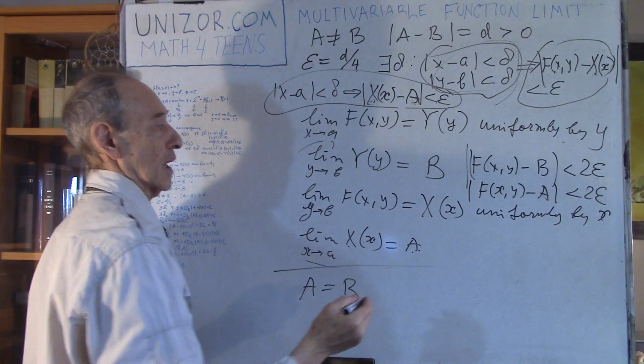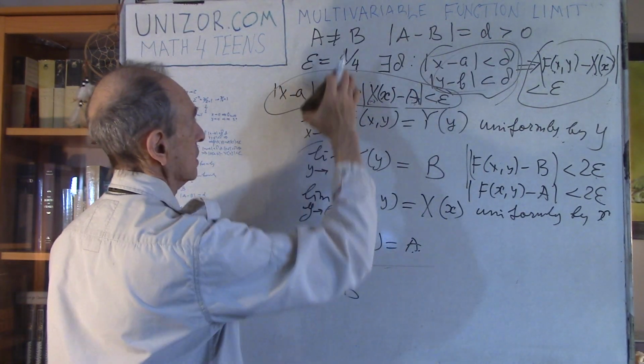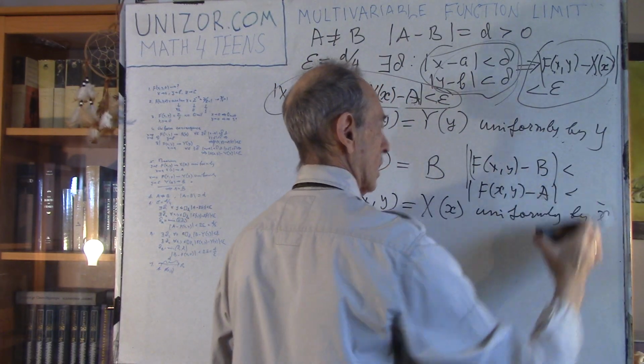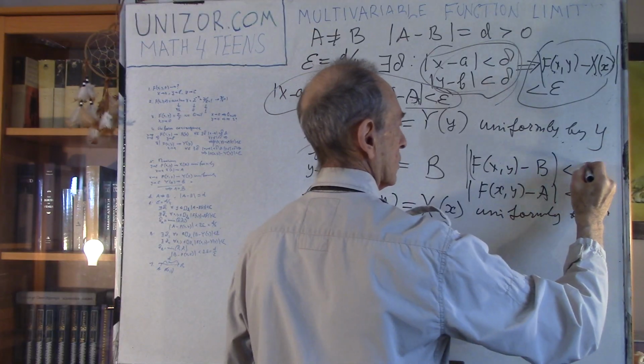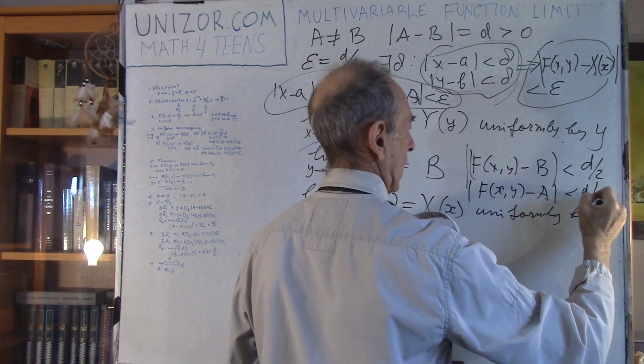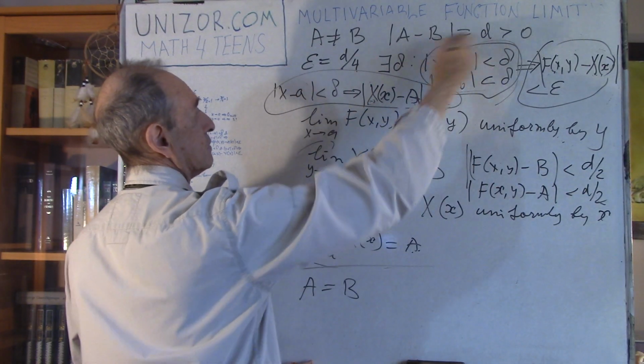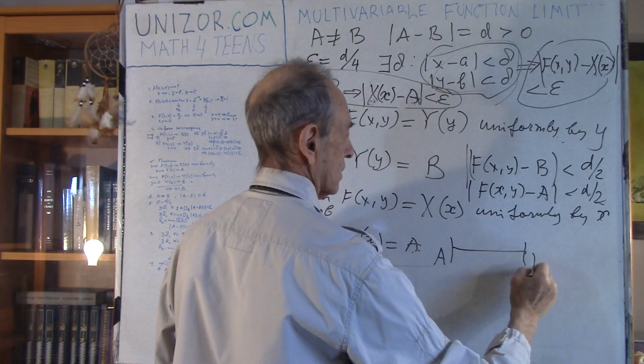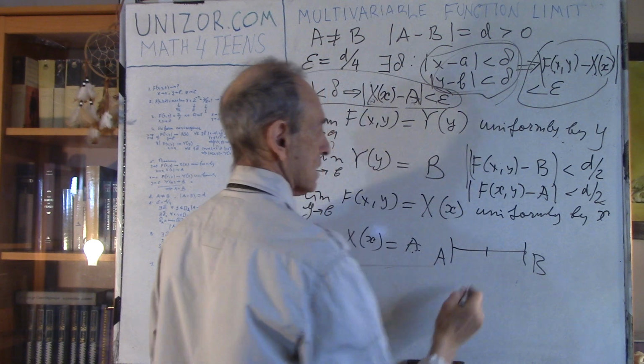Okay, now what is 2 epsilon? 2 epsilon is d over 2, right? Epsilon is d over 4, so 2 epsilon is d over 2, where D is the difference between A and B. Now, if this is a difference between A and B, this is half.